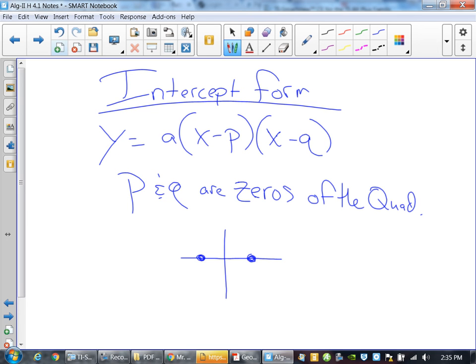So what happens then is that you get this axis of symmetry. Your axis of symmetry occurs at the midpoint of P and Q. I'll show you an example real fast of this one too.